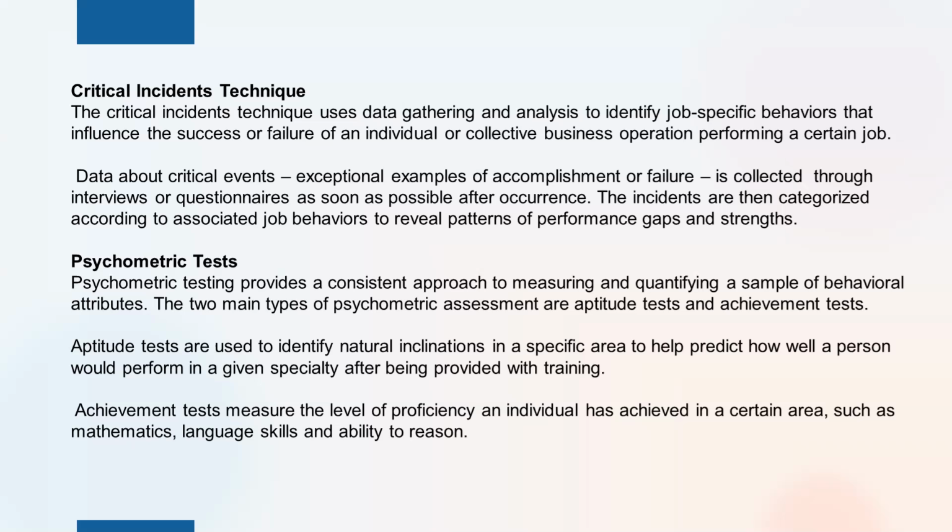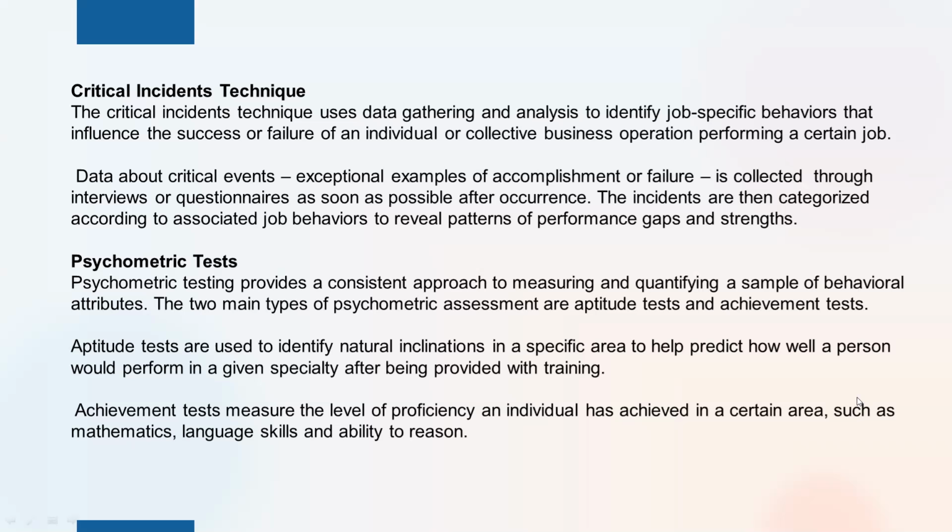Psychometric test is another approach to do it. Psychometric test provides a consistent approach to measuring and quantifying a sample behavior. The two main types of psychometric assessments are your aptitude and your achievement test. Aptitude tests are used to identify natural inclination in a very specific area.